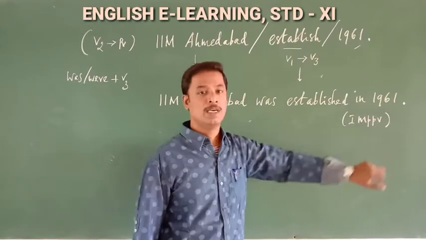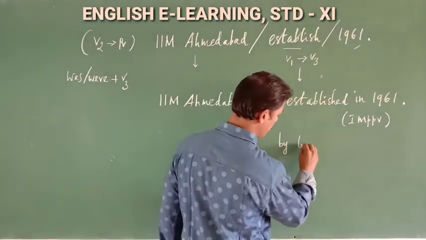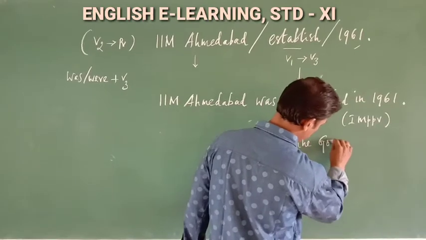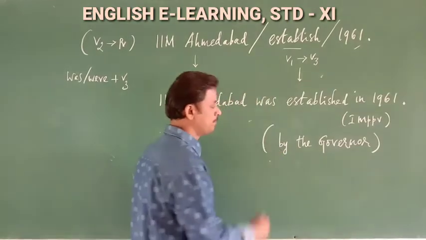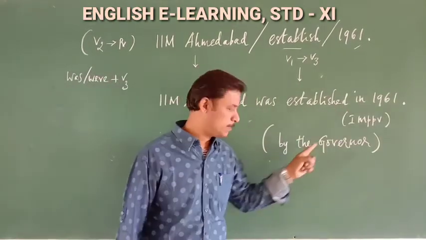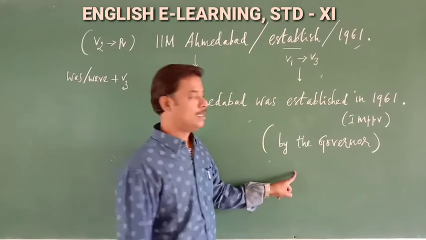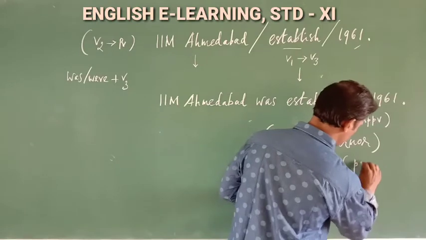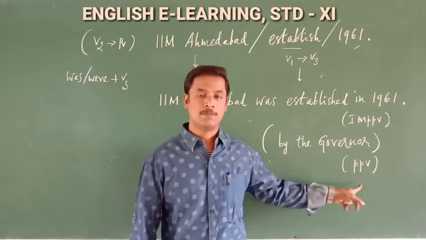Impersonal passive voice. Imagine if the sentence is written like this: by the governor. IIM Ahmedabad was established in 1961 by the governor. Then it is called personal passive voice. That means PPV. That refers to personal passive voice.